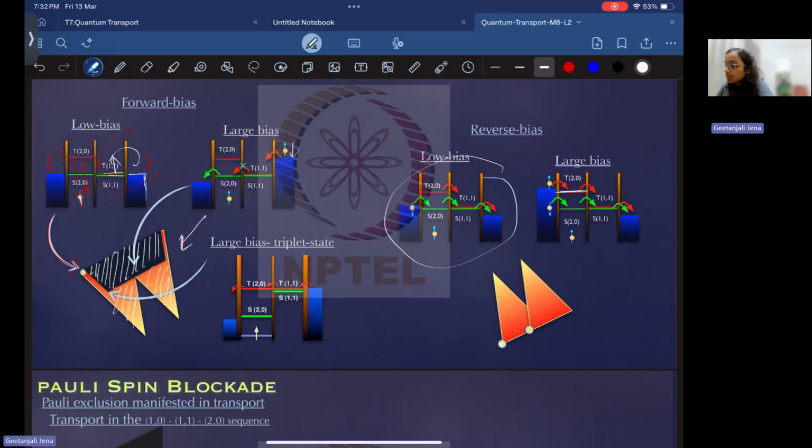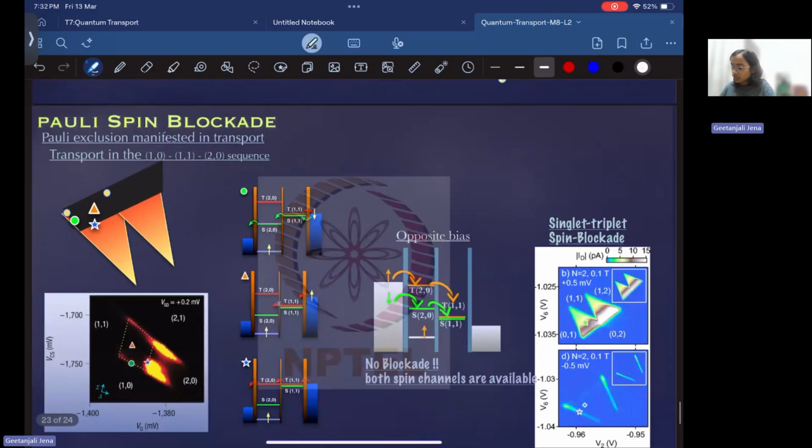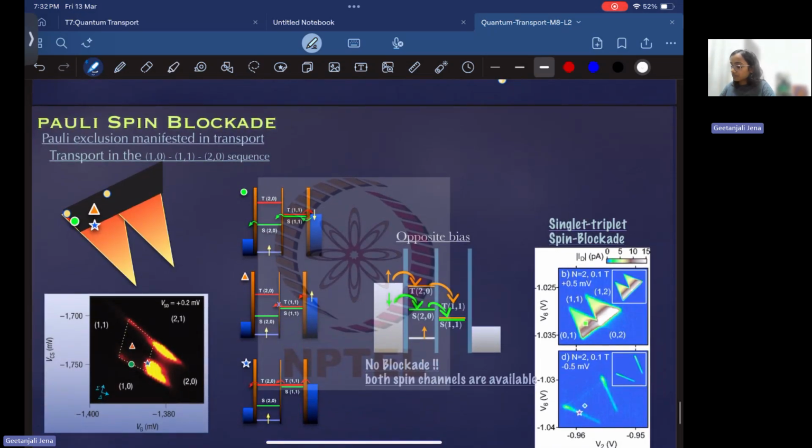So even if we add a spin up state, it can tunnel to this T20 state, it can tunnel to this singlet state and triplet state, and then tunnel to this side. That means for the reverse bias case, it's possible to see charge transport whether we have spin up or spin down. This is what we have seen in this graph: for the reverse bias case, no blockade region is found, and both spin channels can contribute to the charge transport.